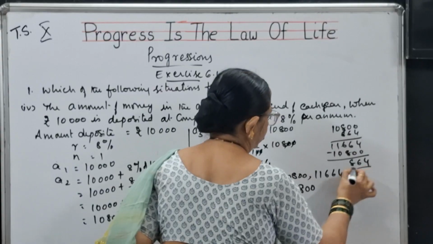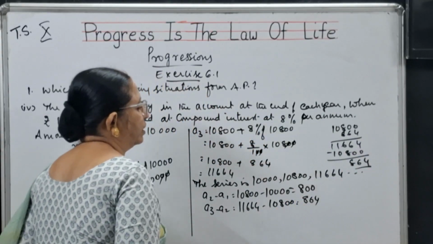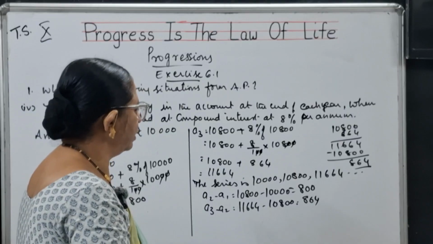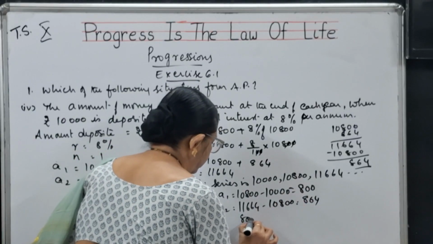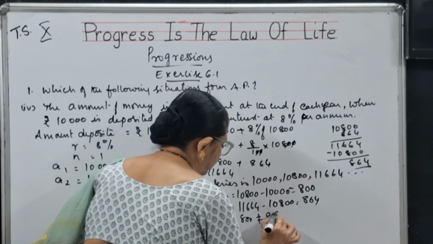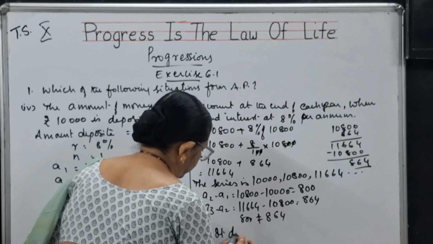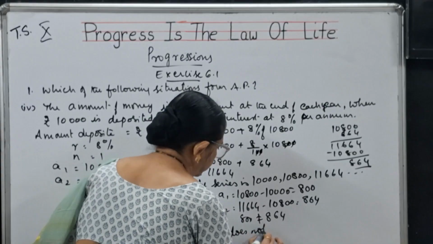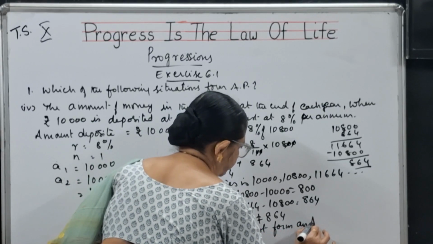Okay, 864 I am getting. So, are they equal, children? 800 is not equal to 864. Therefore, it does not form an AP.